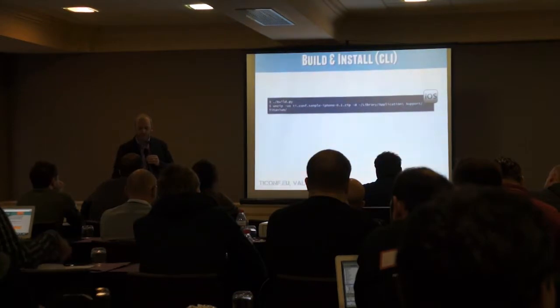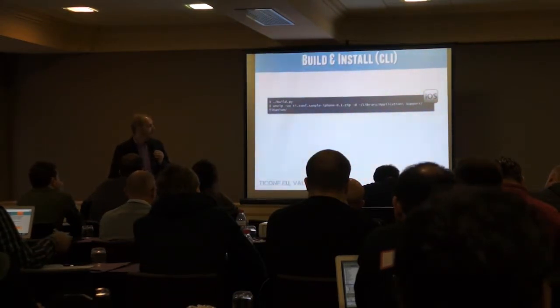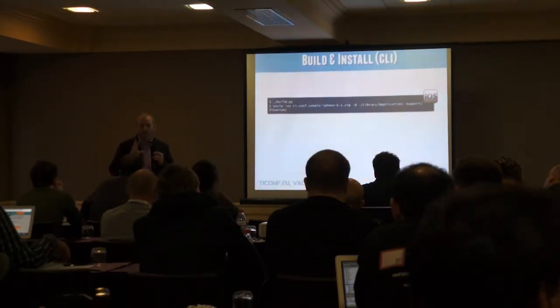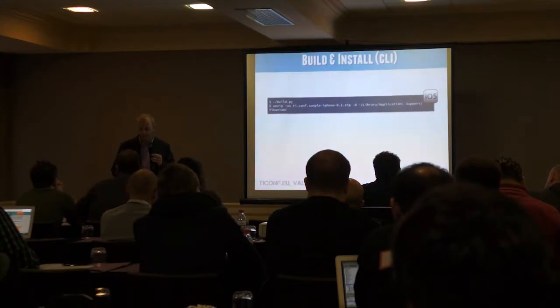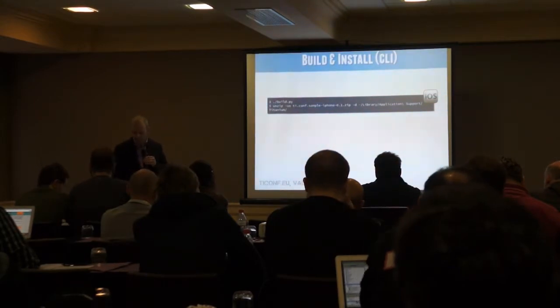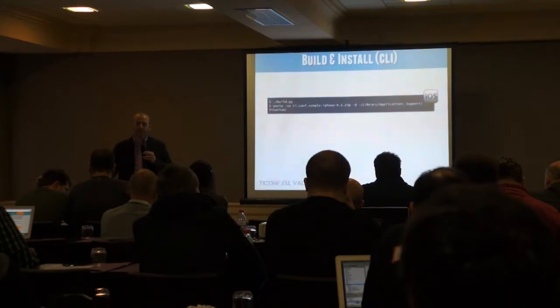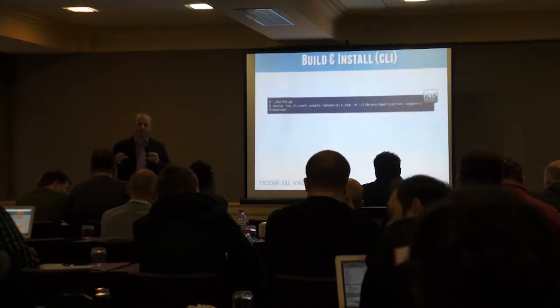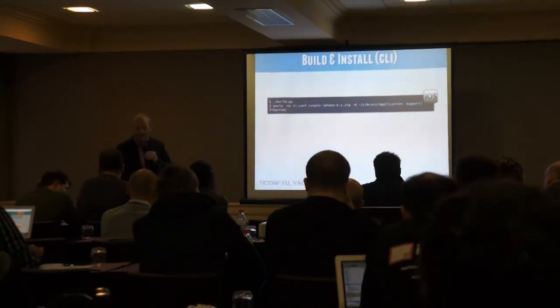We can do this with a command line interface, which is a command resident in the module directory in the project, which for iOS is the build.py script, and then we can install it because the package which will be generated will be a zipped file.